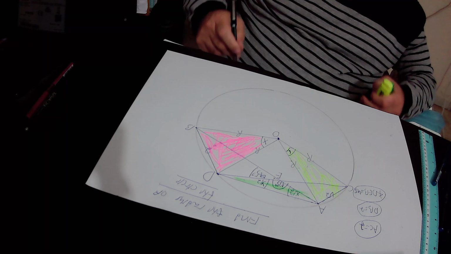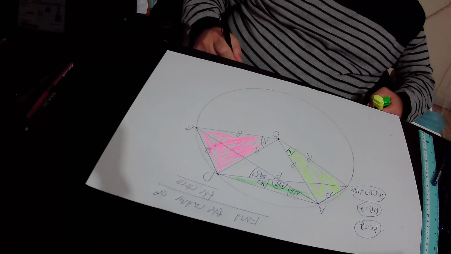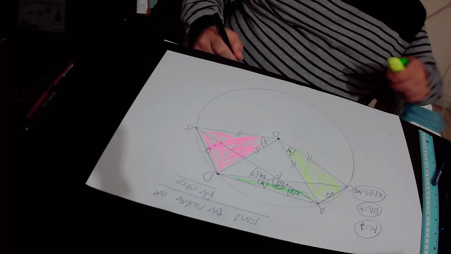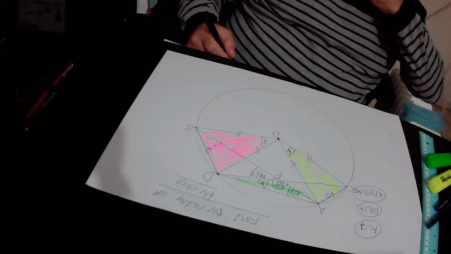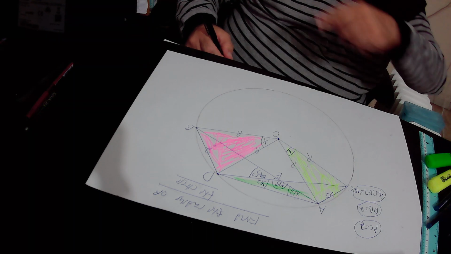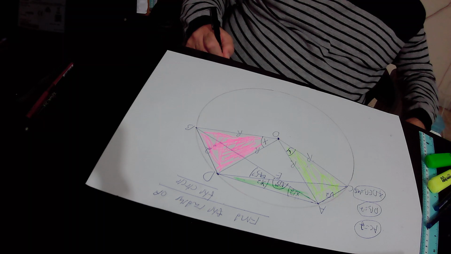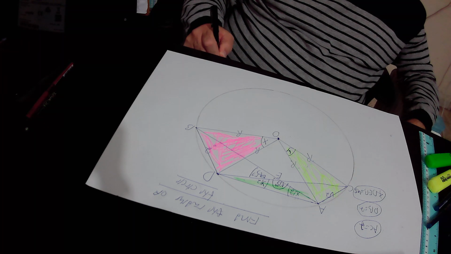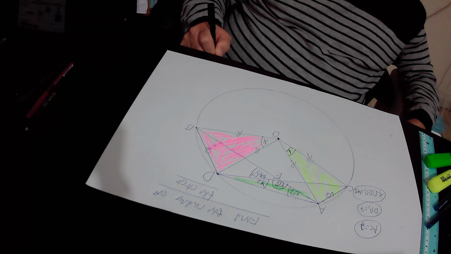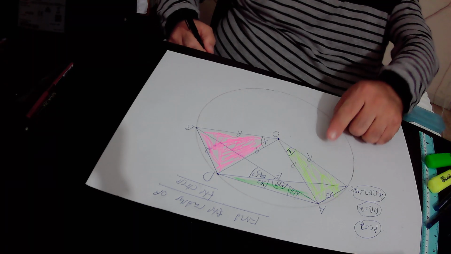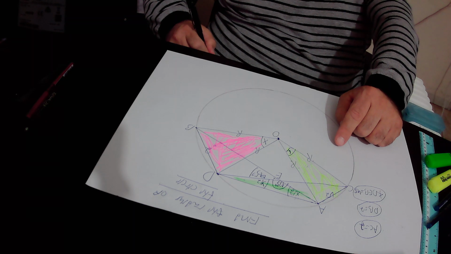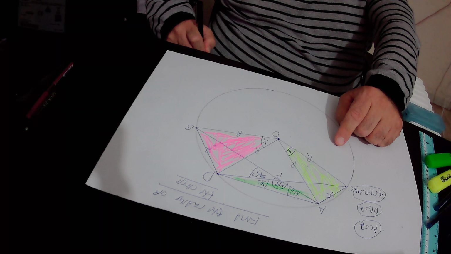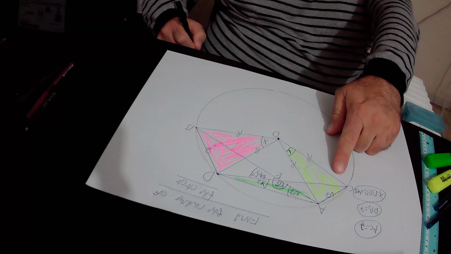According to the law of cosines, in the yellow triangle AOC, we get that cosine y equals r squared plus r squared minus square root of 2 squared.